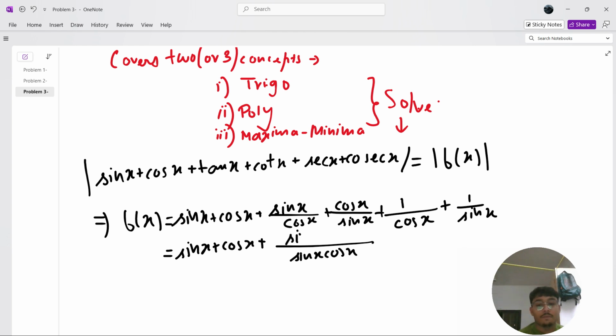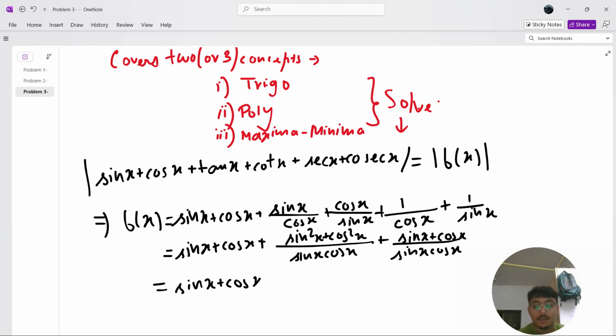So this is sin square x plus cos square x plus sin x plus cos x, all over sin x cos x. Sin square x plus cos square x by trigonometric identities is 1. So it is 1 by sin x cos x plus sin x plus cos x by sin x cos x.